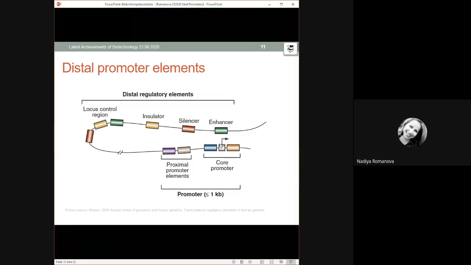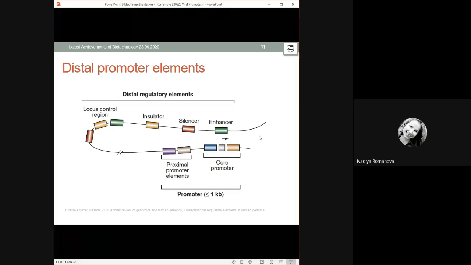So you can imagine here we'll start the transcription on the DNA. Here you will have the gene that will be transcribed directly downstream of the promoter. And all of these small portions, the proximal promoter regions, but also these distal regulatory elements, the enhancers that enhance the transcription level, or the silencers, which decrease it, they all together will influence how many transcripts you will get.